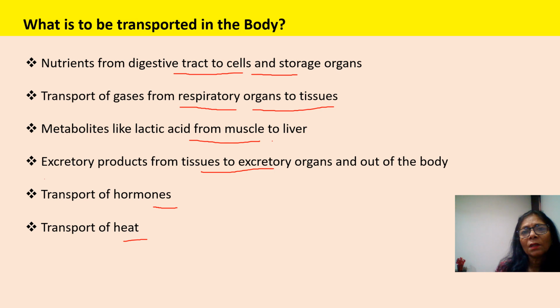Heat is formed during chemical reactions in the body and it requires dissipation, or it is to be sent out of the body so that the temperature of the body is maintained. So all these factors which we have seen here need a well organized transport system. So we'll be studying this system in my next slides.